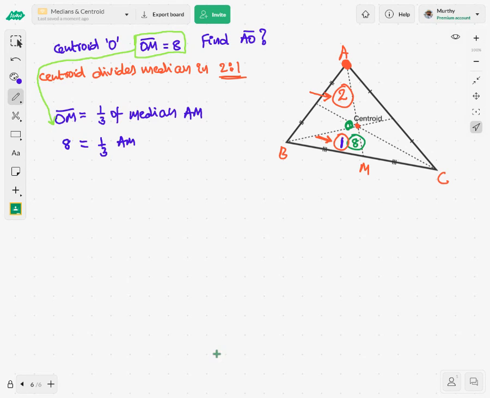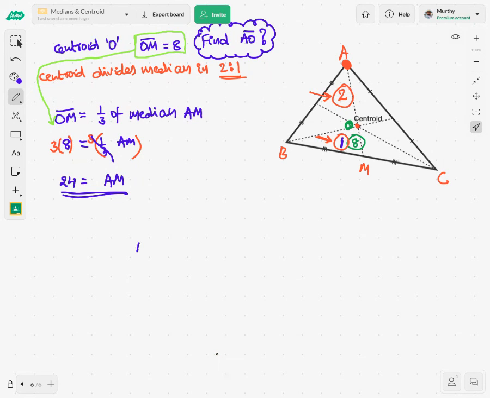OM equals 8. As we discussed earlier also, to eliminate this 1 over 3, take times 3 on both sides. Then 3 times 8 gives me 24. The length of AM equals 24 units. But the question is not that. Find the length of AO.